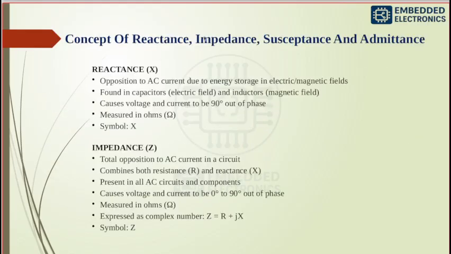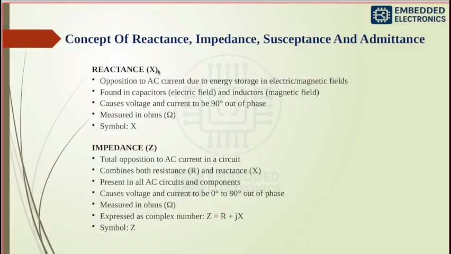Next is the concept of reactance, impedance, susceptance and admittance. Reactance we have already seen in the previous circuits: inductive reactance and capacitive reactance, that is XL and XC. So reactance is X. It is opposition to AC current due to energy storage in electric or magnetic fields.